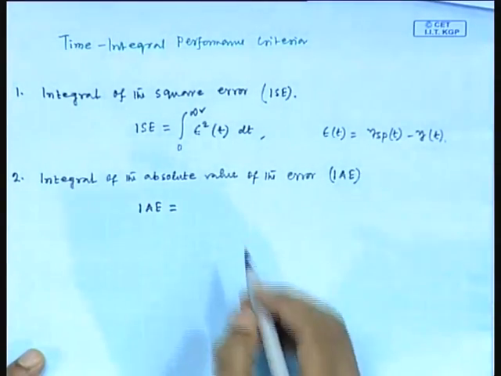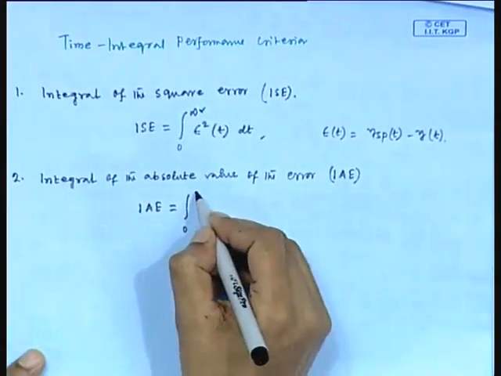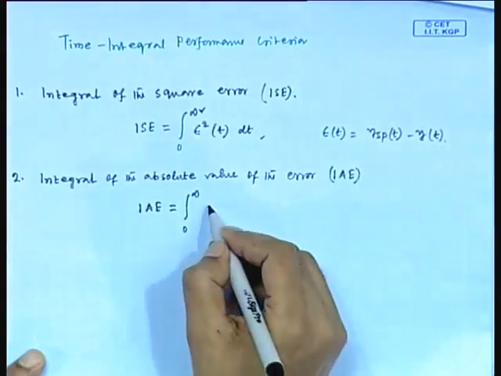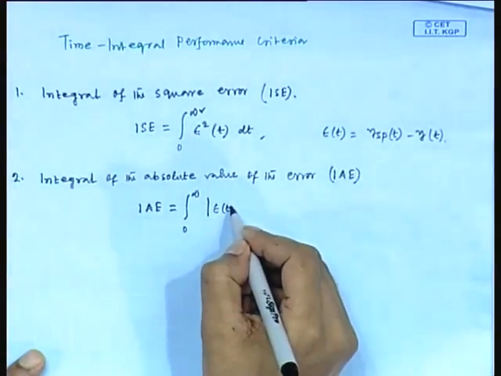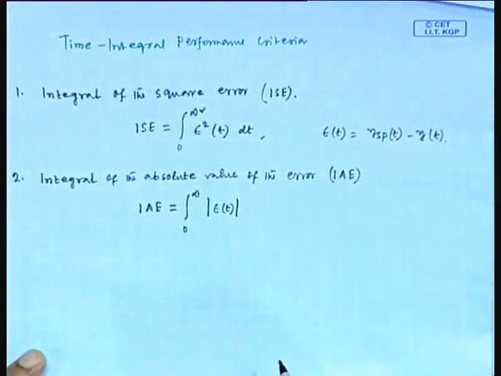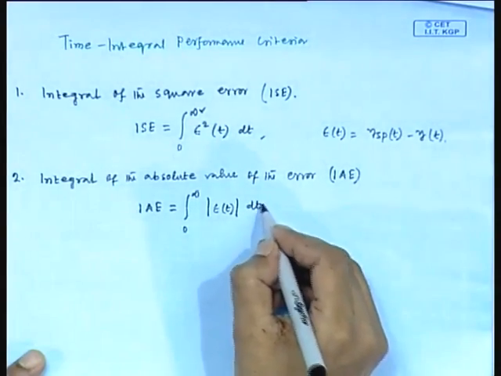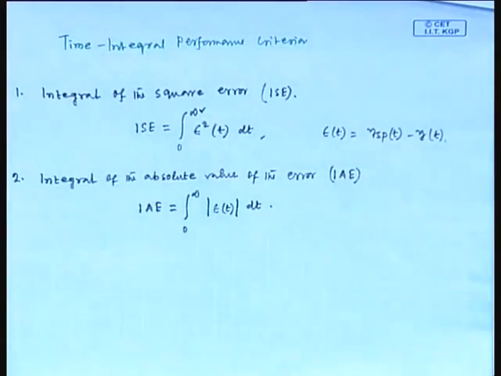IAE is equal to the integral from 0 to infinity of the absolute value of epsilon t dt. This is the expression for IAE.